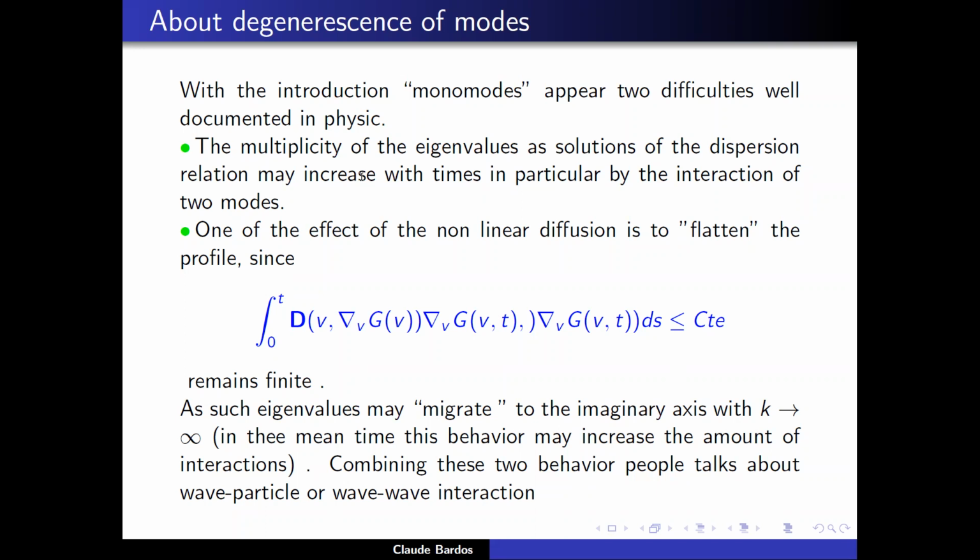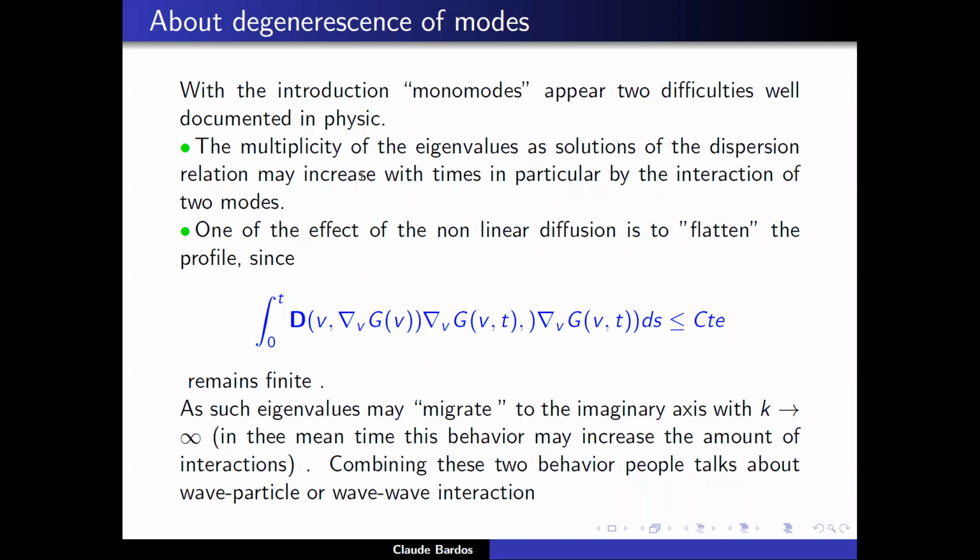So that means if this quantity is bounded, but in the meantime, this will have the effect of flattening the profile. But then, if you flatten the profile, the first eigenvalue will go to zero here, and this term will become a degenerate coefficient because it did introduce the real part of the smallest eigenvalue.